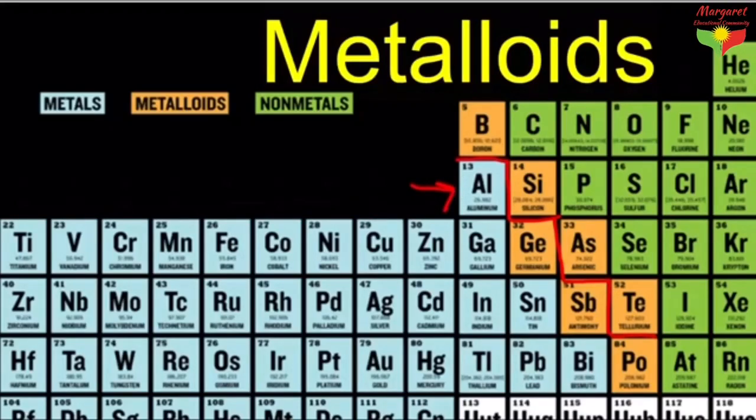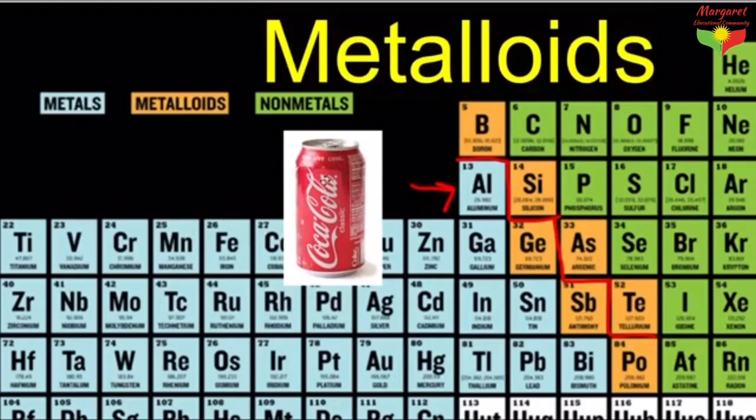Aluminum is on the stair step, and it appears like it will be a metalloid. Think about it. We look at an aluminum can. It's a great conductor of electricity. It is malleable and it's been formed into thin sheets. And it is definitely shiny, so it's giving you all the characteristics of a metal. But all the rest of them are metalloids.